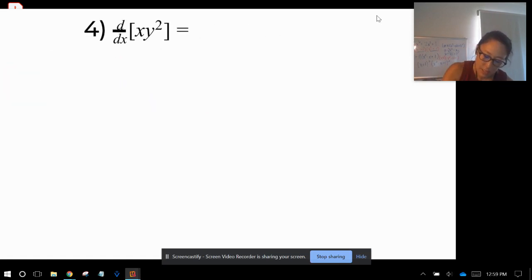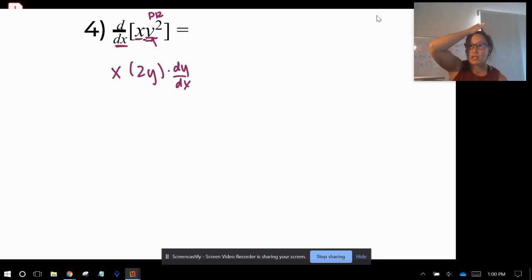Whatever it is. This time we're in terms of x, so the y part of the derivative is going to have to get that extra tacked on notation. So we have product rule here. The left is x, the right is y squared. So I have left d right, plus right d left. Left is x, d right would be 2y, and then again tacking on dy dx.